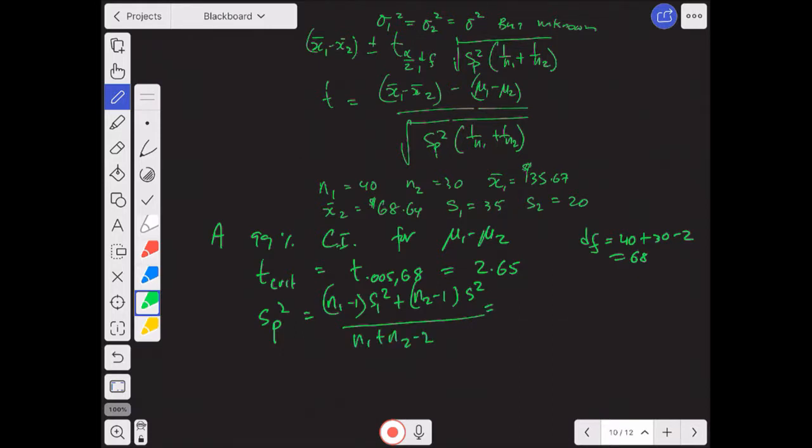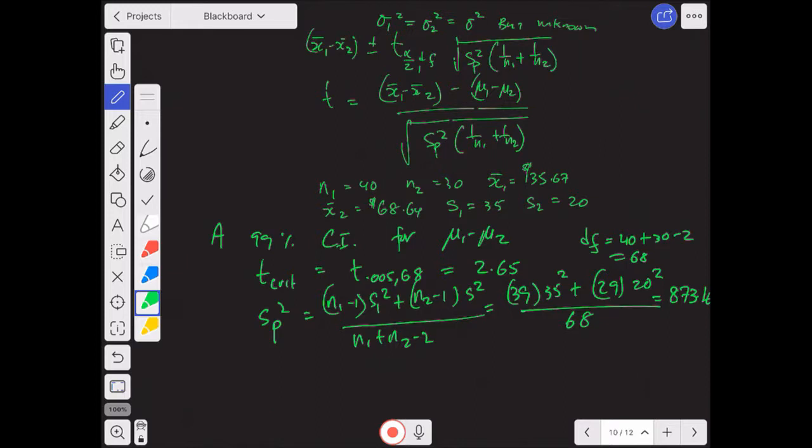And in our case, that turns out to be 40 minus 1, 39 times 35 squared, plus 30 minus 1, 29 times 20 squared, over 68. And then that turns out to be, I believe, 873.16. All right?